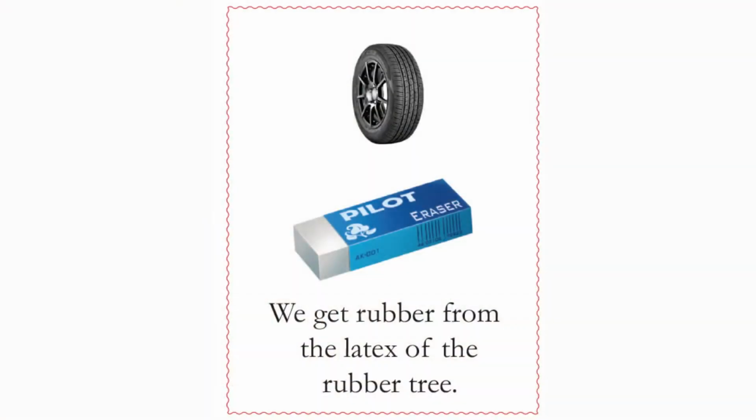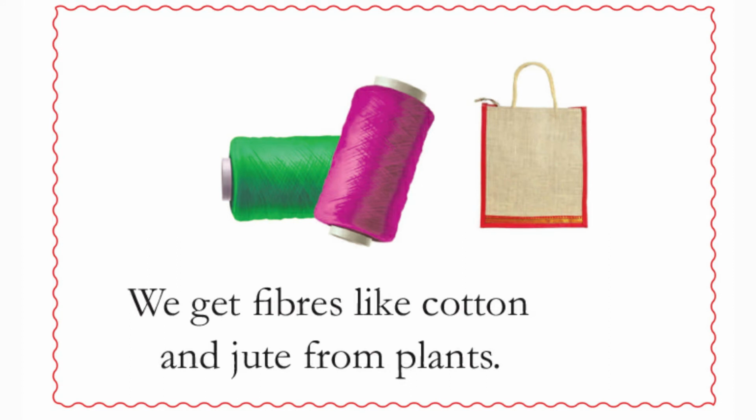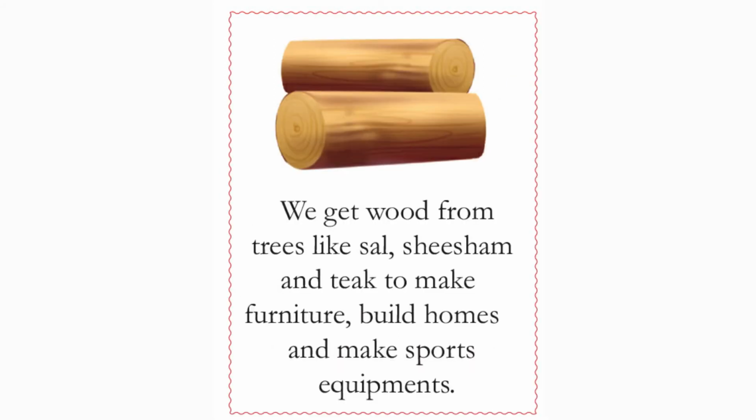Then they even give us rubber, which we use to make erasers, then various other rubber items, our slippers, all come from the rubber. Then cotton, and jute, all this helps us to make bags and clothes and other textile stuff, right? And then wood for furniture.